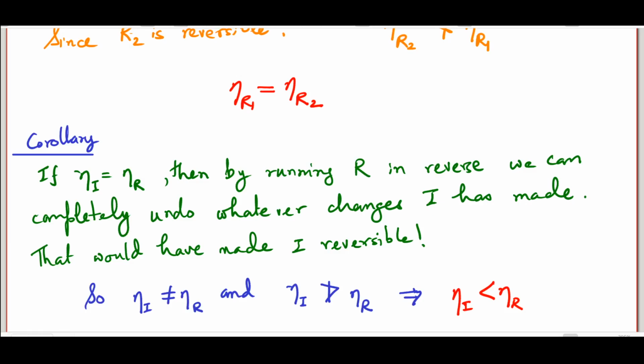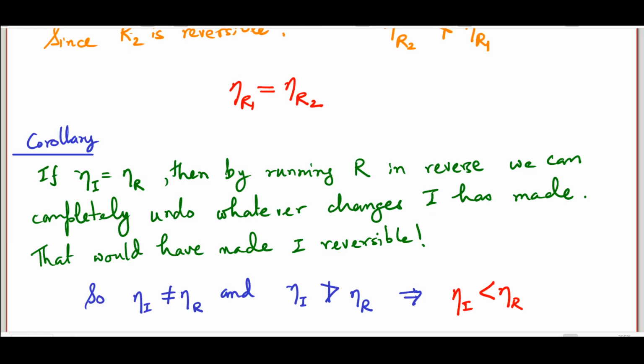So just run the reversible engine in reverse. That's a reversible engine, you can always run it in reverse. And what will that do? It will take back the same amount of heat from T2 as the engine was putting in, give back the same amount of heat to the temperature T1 that the engine was pulling out, and the work done by one can exactly cancel out the work done by the other.